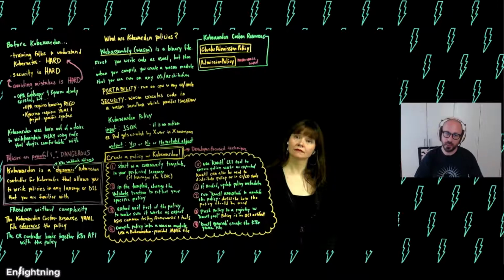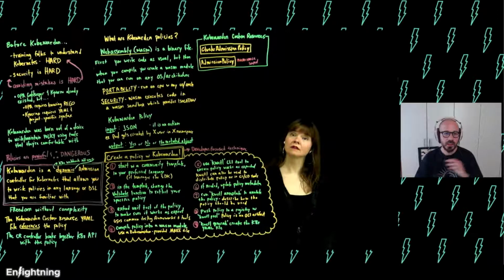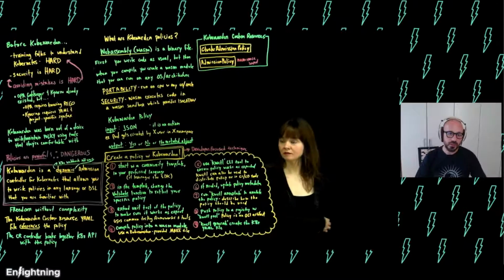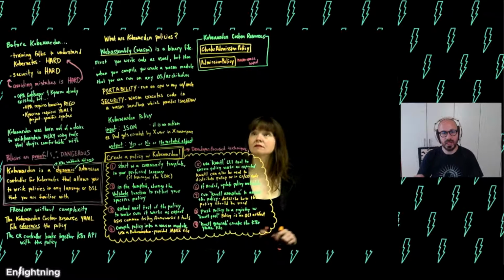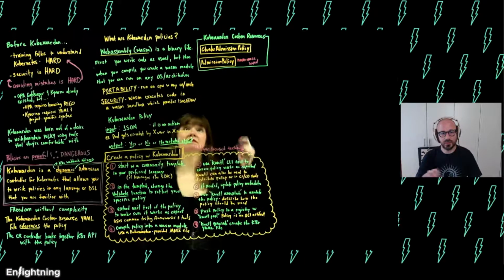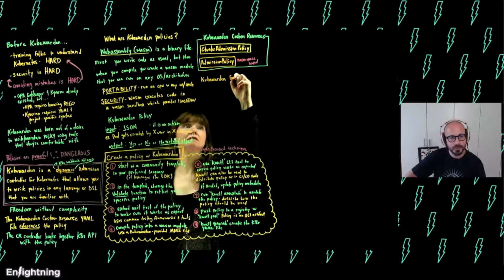So that's one way. But if you want to use something that is more DSL, what we also do is we allow to use Rego. Rego by itself can be compiled into WebAssembly. So you write your Rego file, your .rego file, and you can use the OPA command to compile that Rego file into WebAssembly.